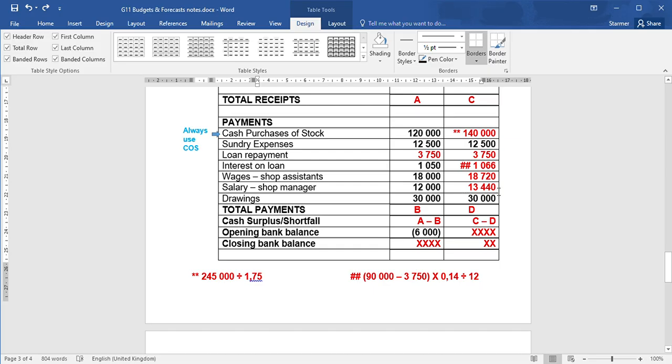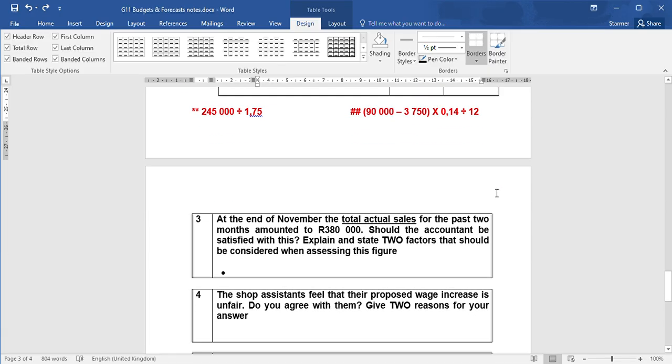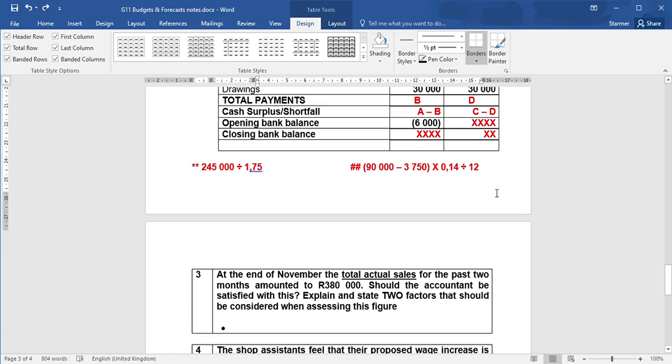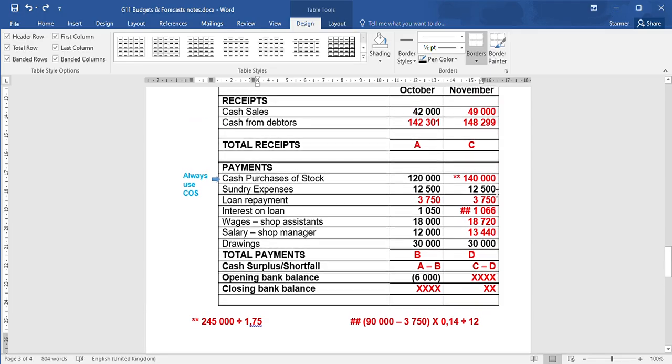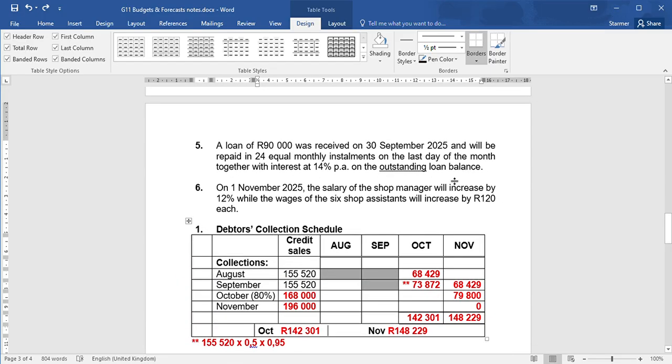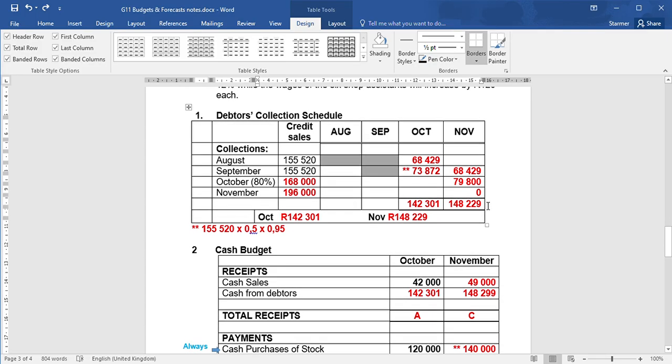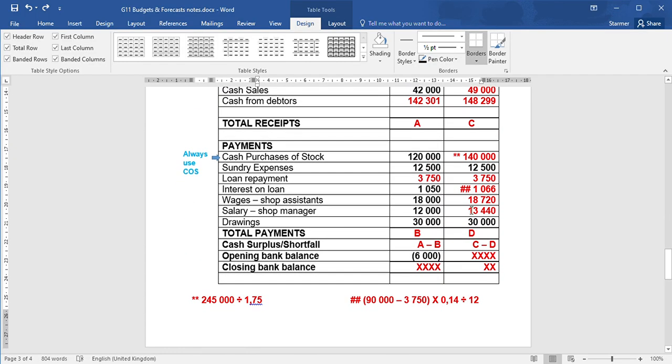In terms of the shop assistants, they said you had 6 people. Okay, 6 times 120 gives you 720.